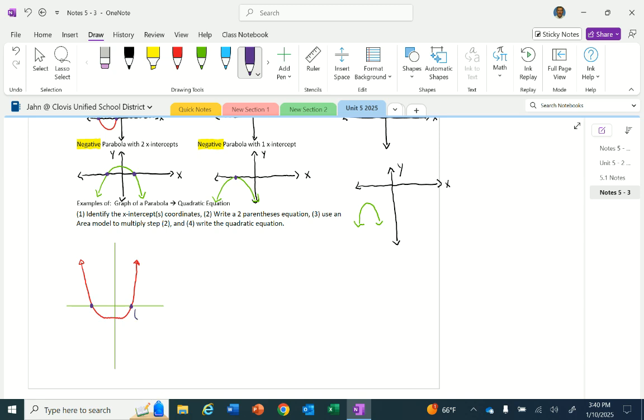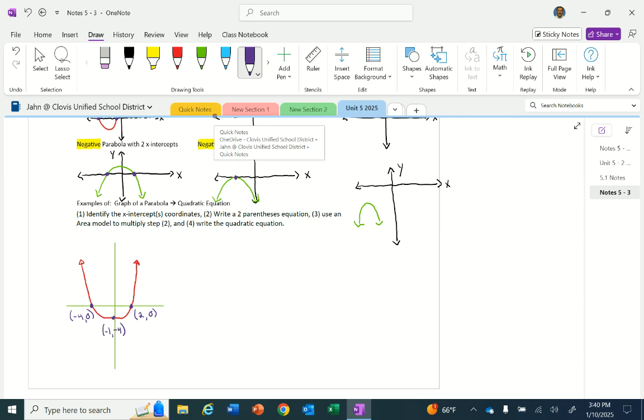So let's say they are identified as the point 2, 0, and the point -4, 0. And then let's say the vertex of this parabola is identified as the point -1, -4.